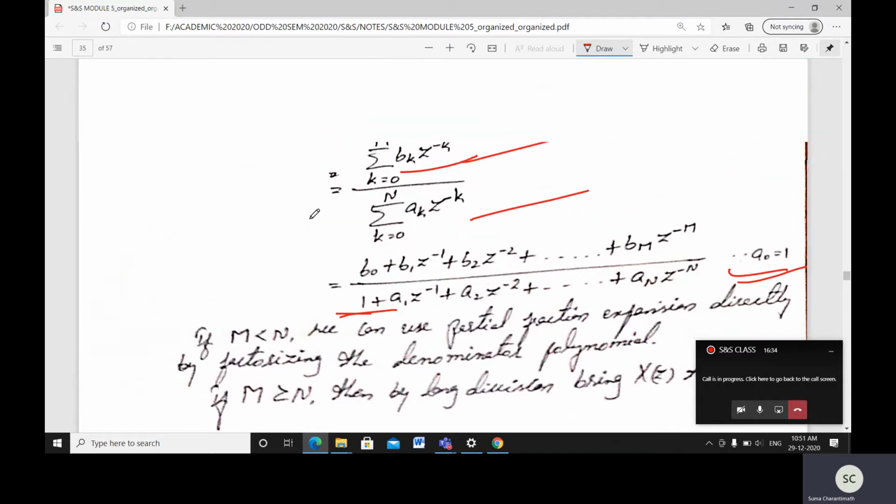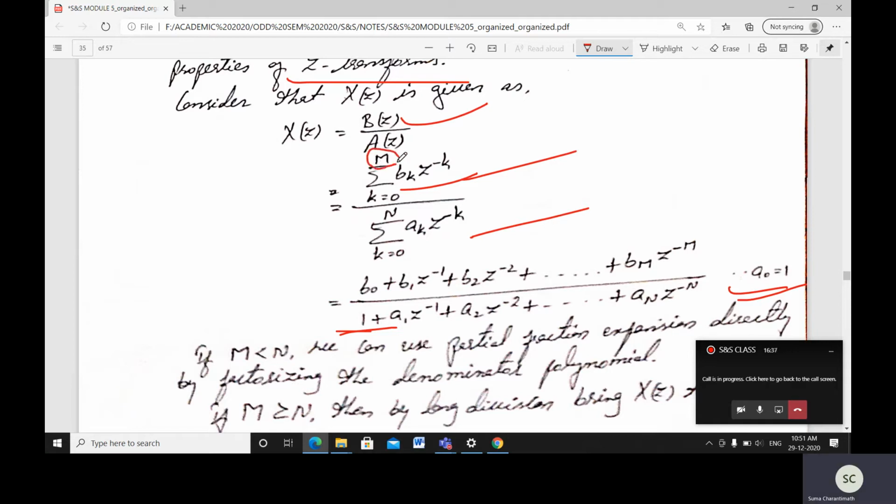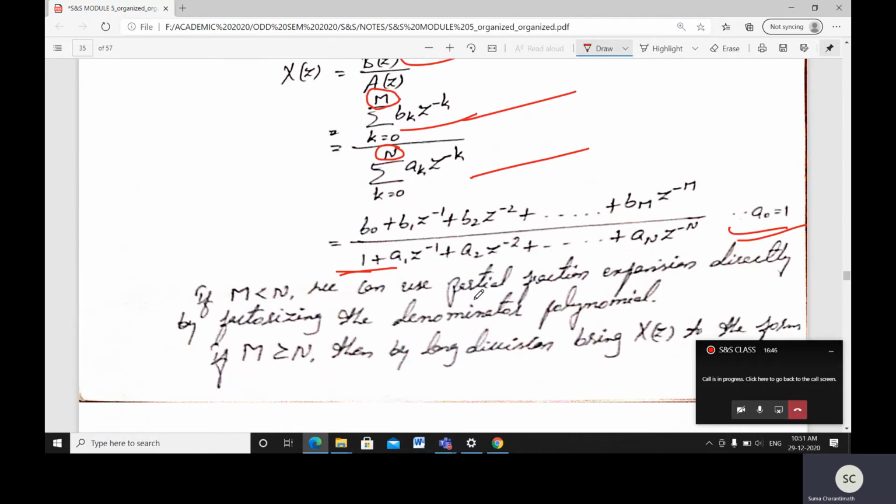If m, capital M, the upper limit of the numerator and the lower limit of the function, that is m, is less than n, we can use the partial fraction expansion method directly.